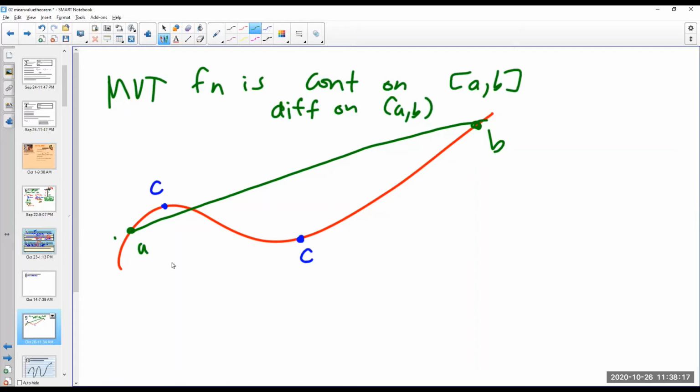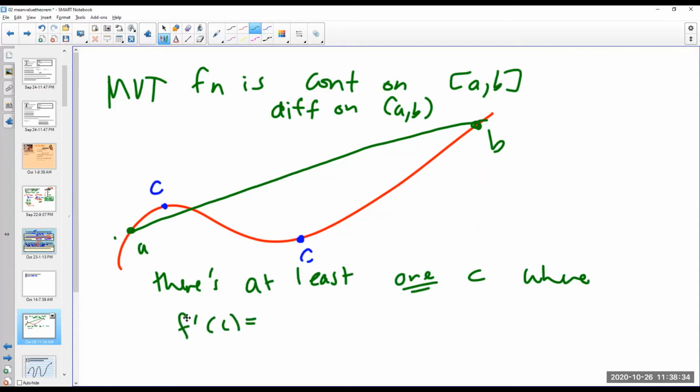There's always at least one C. There's at least, this is bad handwriting, there's at least one C. You always have one C or more where the slope of the tangent line is equal to the slope of the secant line.